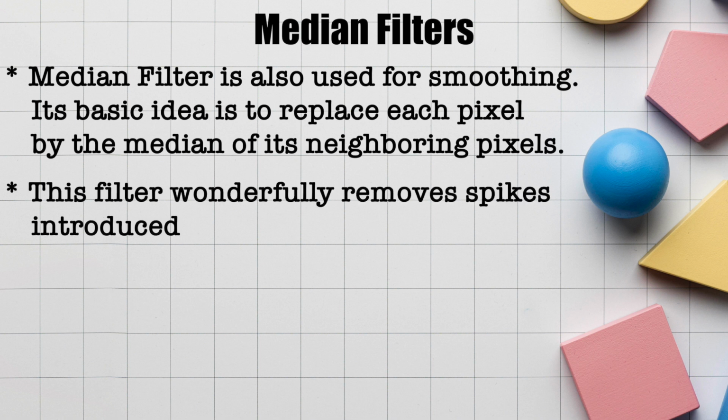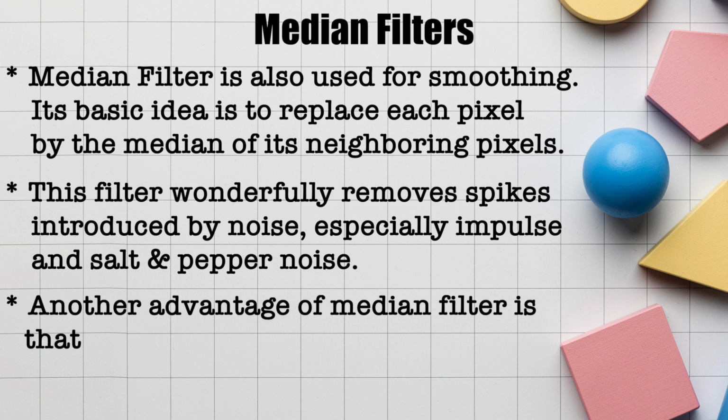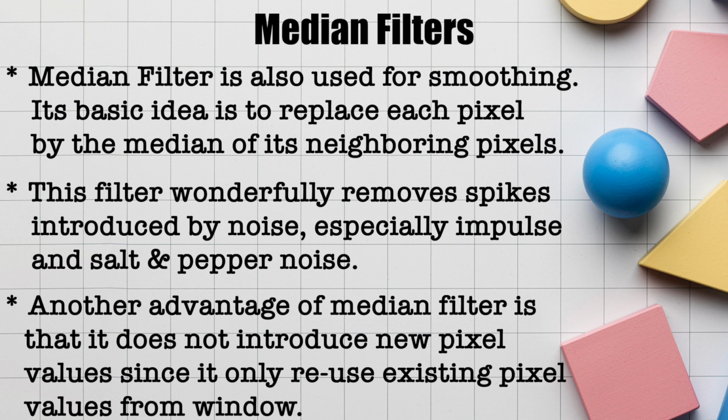The filter works wonderfully. It removes the spikes introduced by noise into the image, especially impulsive noise or salt and pepper noise. Another advantage is that it does not introduce new pixel values, which the mean or averaging filter was doing, so we can reuse the pixel values from the window.